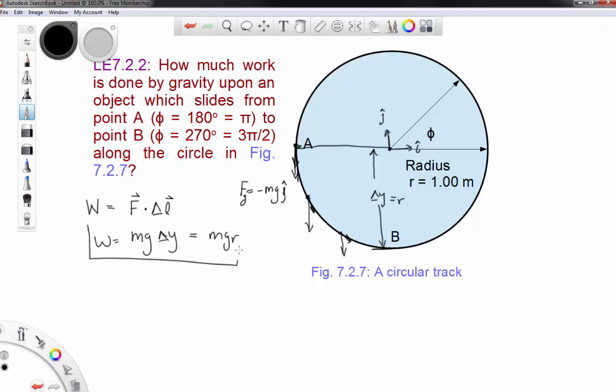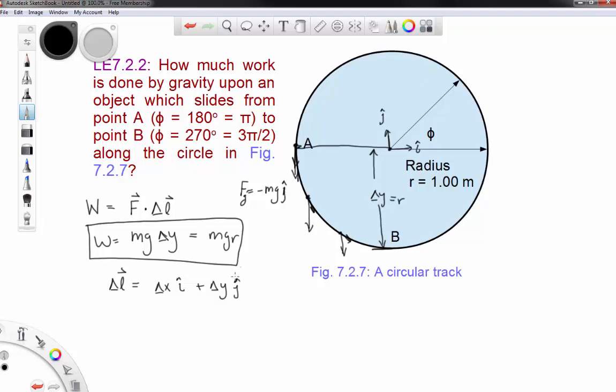So that's our simple solution. And you can see this because each time you take the force dotted with delta L, delta L can be broken into delta x and delta y. So delta L is basically delta x times I hat plus delta y times j hat.